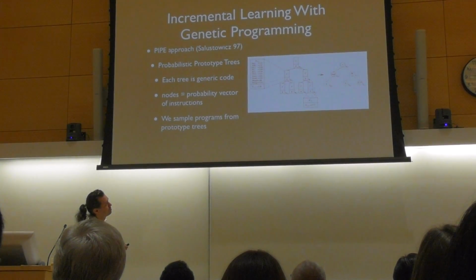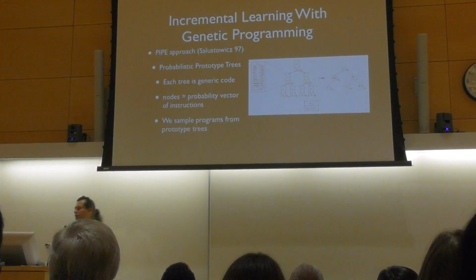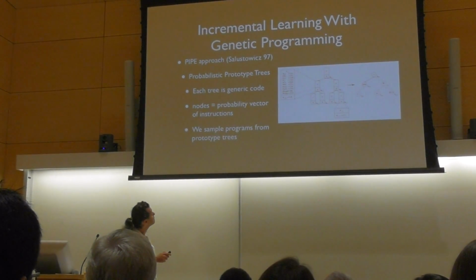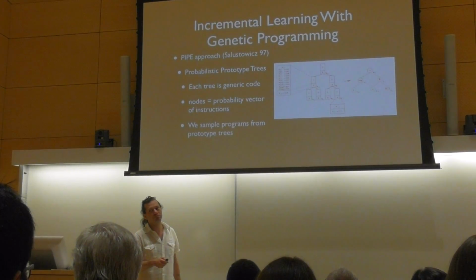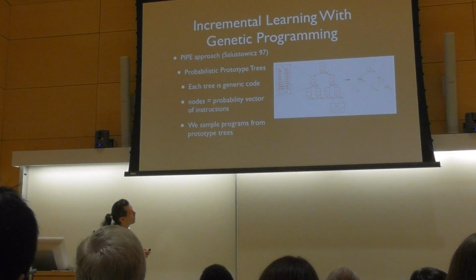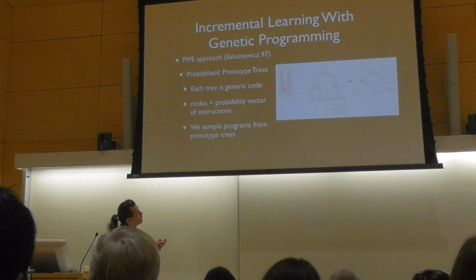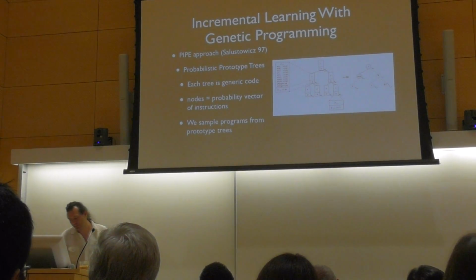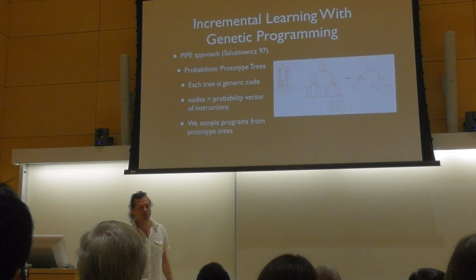So this really specifies a probability distribution over programs. Each tree is generic code in programming language jargon, but it's got associated probabilities, so we can sample programs. That's what the memory representation is here.